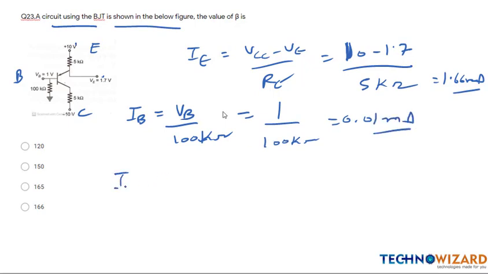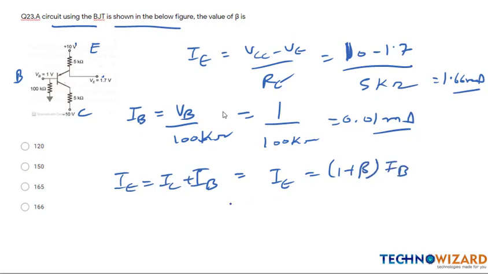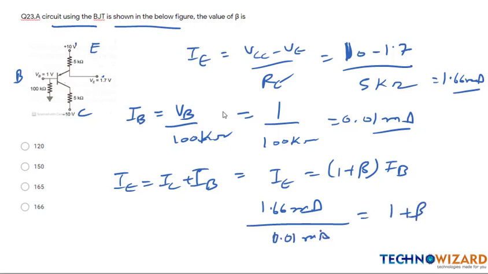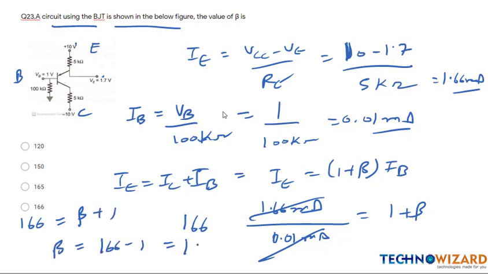Now we all know that IE is equal to IC plus IB, or you can say that IE is equal to 1 plus beta times IB. So IE, 1.66 milliampere, upon IB, 0.01 milliampere, is equal to 1 plus beta. On calculating this, you will get 166. Therefore, 166 is equal to beta plus 1, and beta is equal to 166 minus 1, which is equal to 165 as the correct answer here, option C.